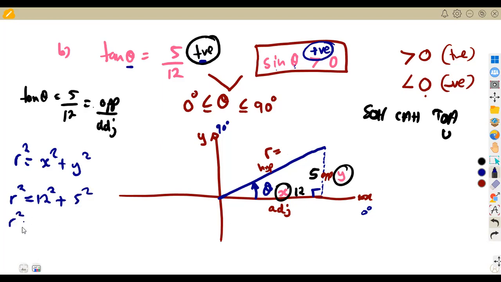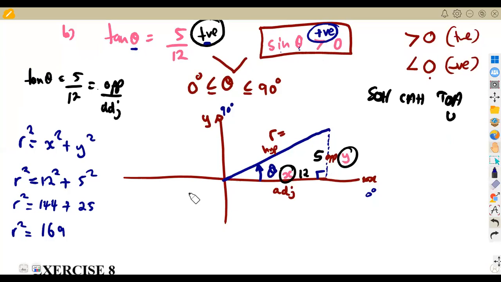So that means r squared is going to be 12 squared, which is 144, plus 5 squared, which is 25. From your calculator you can just add these two, you obtain 169, and from there you can determine the square root of 169, which is going to be 13. And like I said, the hypotenuse cannot be negative, so don't waste your time writing plus or minus 13.